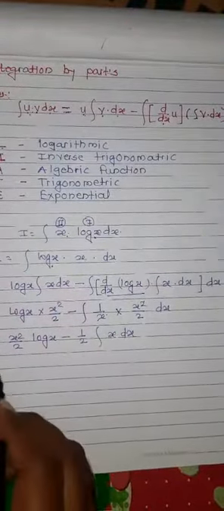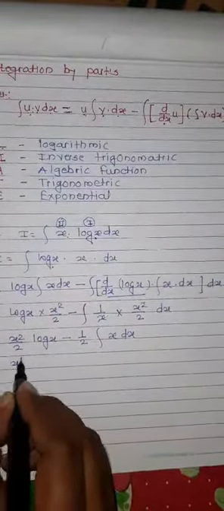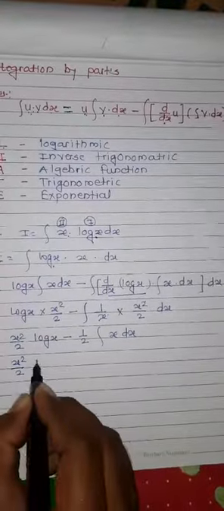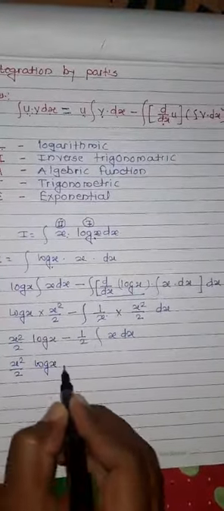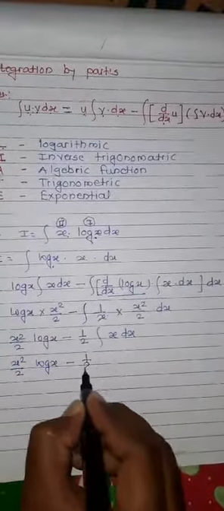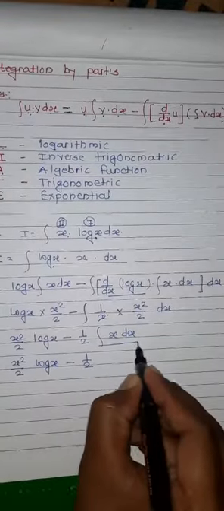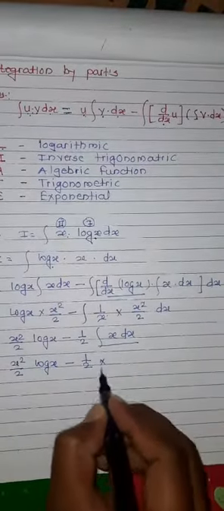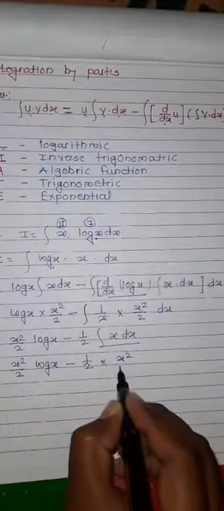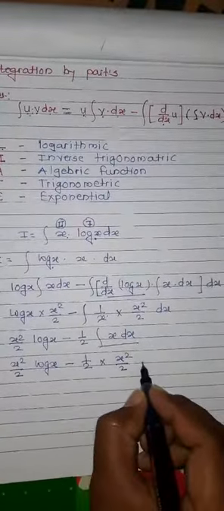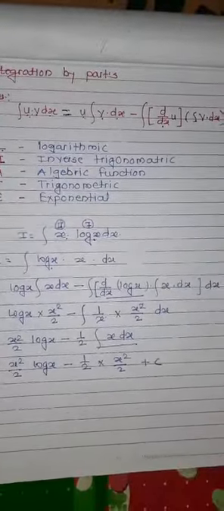Okay. Now again solving, x square divided by 2 as it is, log of x as it is, minus 1/2 as it is, and the integration of this term is x square divided by 2, plus constant of integration c.